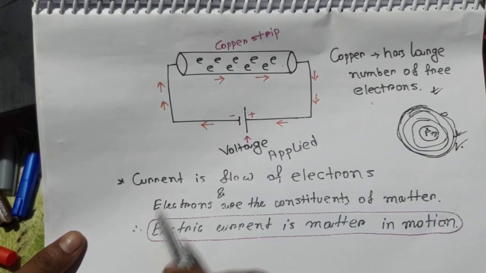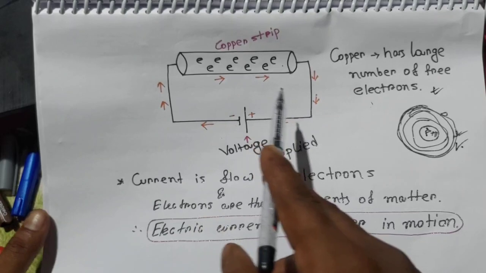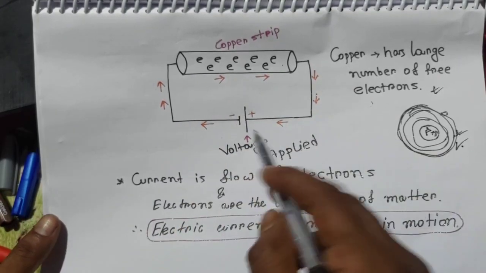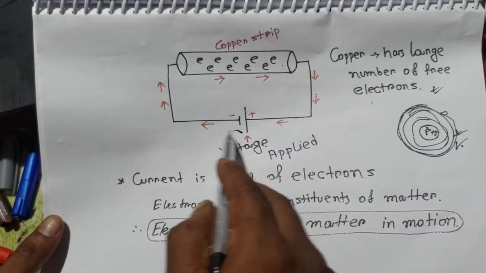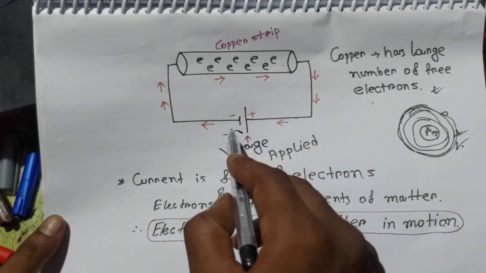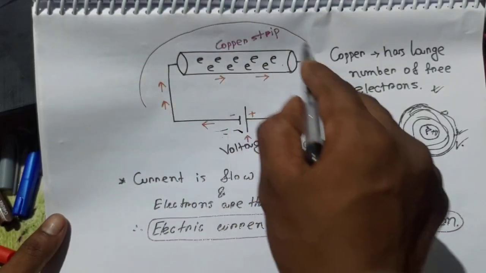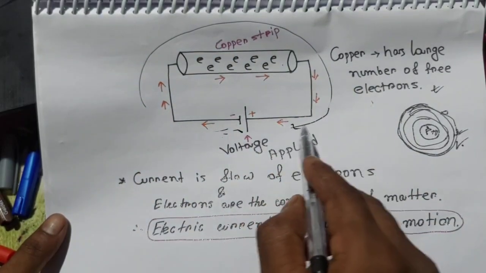When voltage is applied across this copper strip, the free electrons start moving from negative to positive. In this direction you can see, negative to positive.